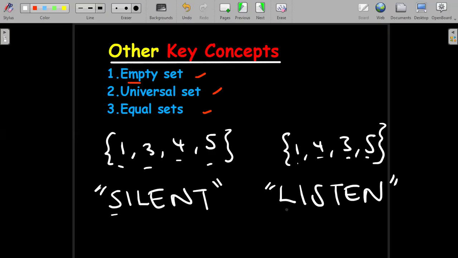There's S there, there's also S there. So sets that contain these are going to be equal because they have the exact same elements. So this is when we say that sets are equal.